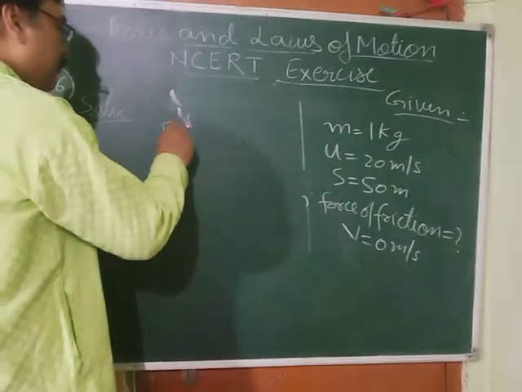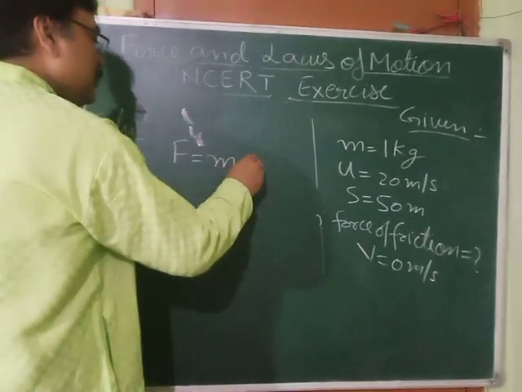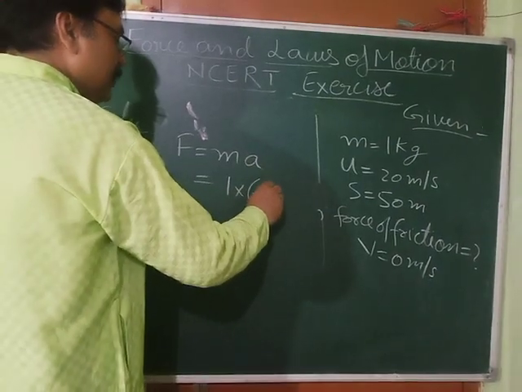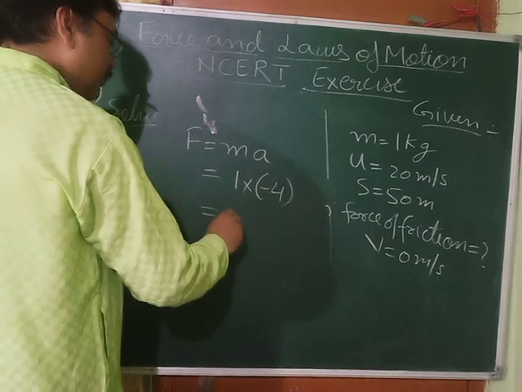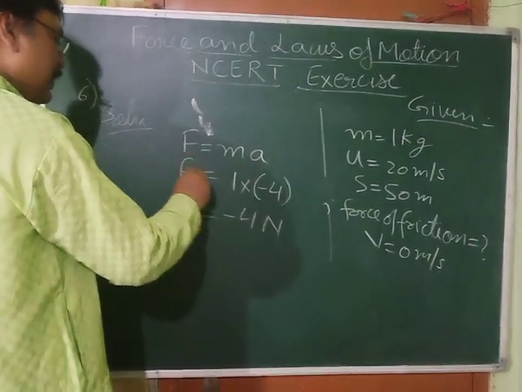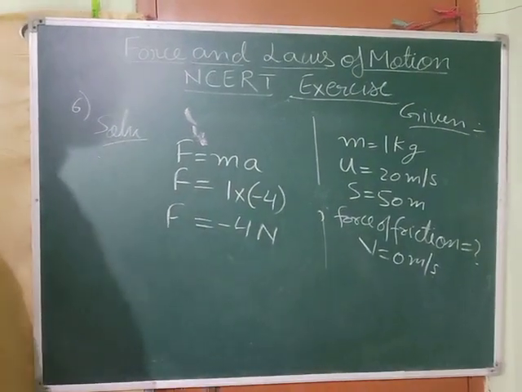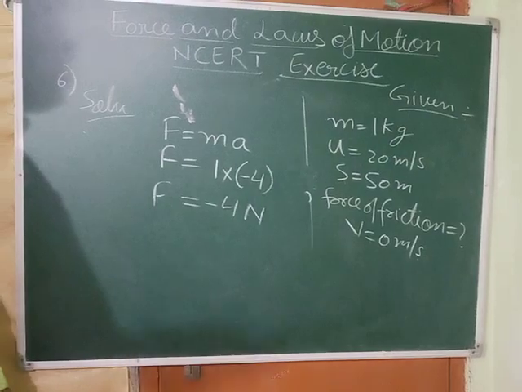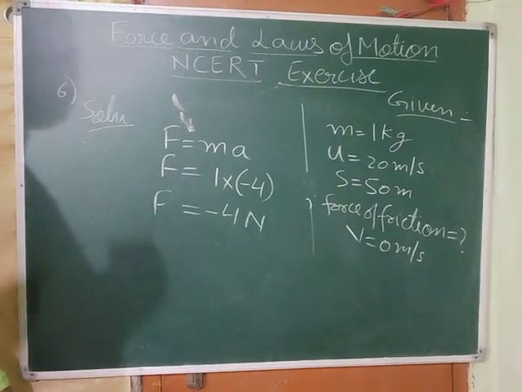So we can find out from Newton's second law, force is equal to mass into acceleration. Mass is how much? 1 kg. Acceleration is minus 4 meter per second square. So what will you get? Minus 4 Newton. What does this minus sign indicate? This minus sign indicates that it is the opposing force, because friction opposes the motion. That's why the negative sign is coming.